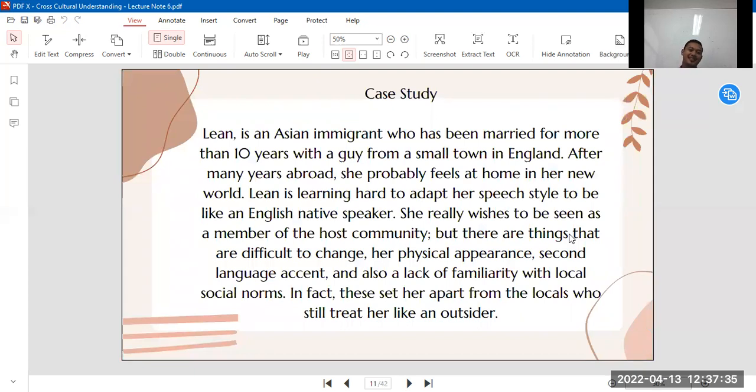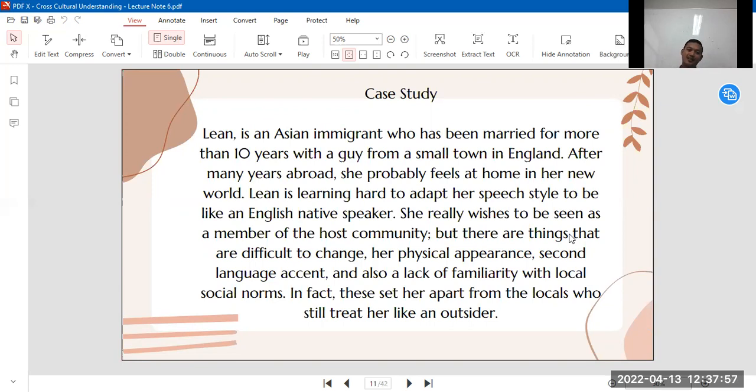Learn here, she already got married for more than 10 years and stayed in England. Ireland expects or has a willingness to be acknowledged as part of the community there.